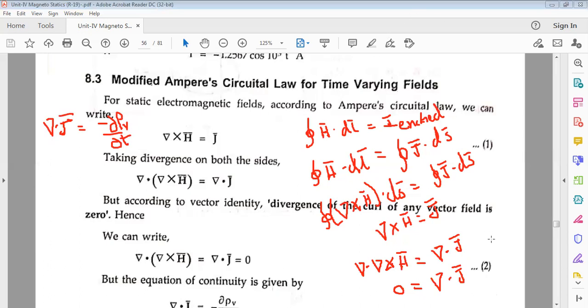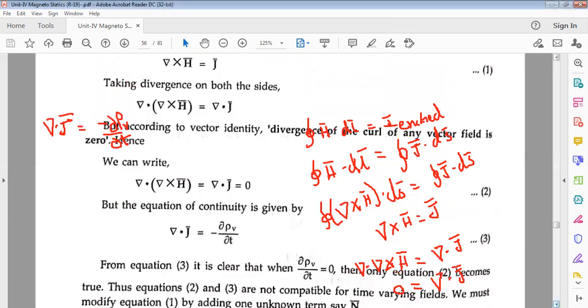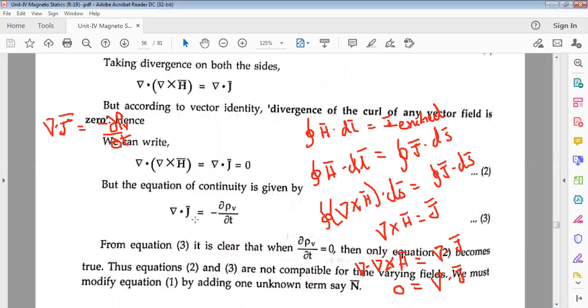Okay, my dear students. See, from this equation, del dot J bar is equal to minus dou rho v by dou t. It is clear that del dot del cross H is 0, but del dot J bar is equal to 0 means minus dou rho v by dou t is equal to 0, and dou rho v by dou t is equal to 0.